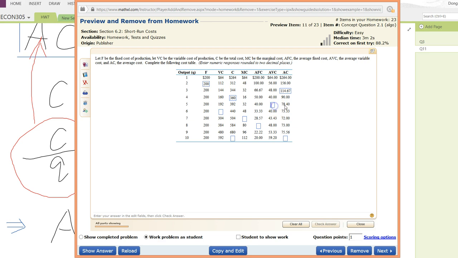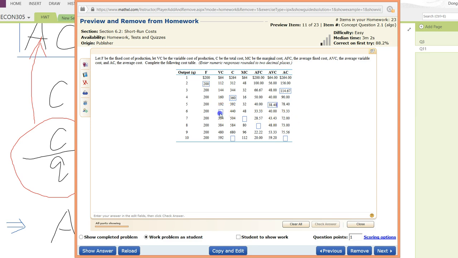So average cost, that's 78.40, and the average fixed cost, that's 40. So the average variable cost must be 38.40. Basically, that's the difference between average cost and average fixed cost.